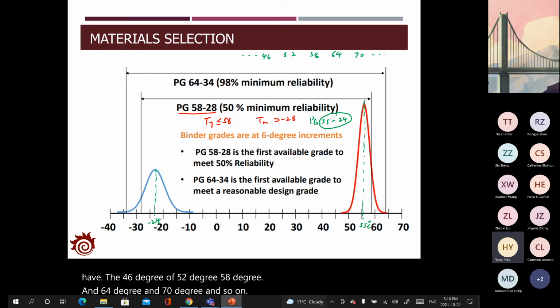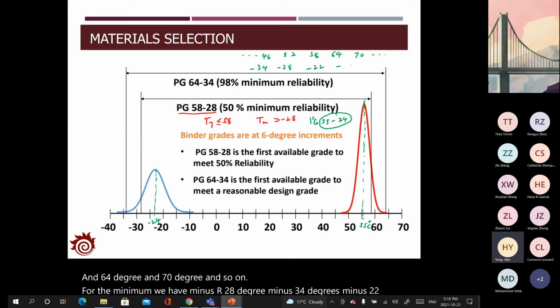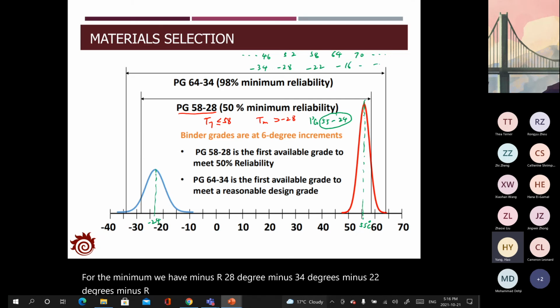For the minimum, we have minus 28 degree, minus 34 degree, minus 22 degree, minus 16 degree, and so on. So that's for the maximum and minimum.